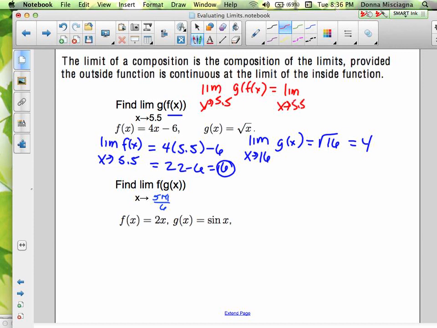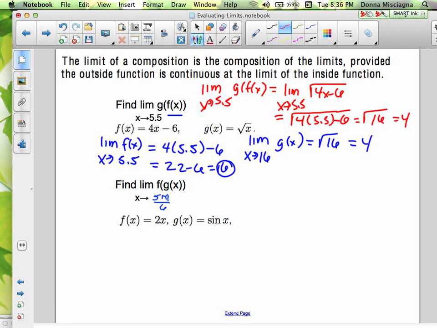So f of x is the inside, so it's the square root of 4x minus 6, which would give us, now we'll do the substitution, the square root of 4 times 5.5 minus 6, which is the square root of 22 minus 6, that's 16, which is 4.